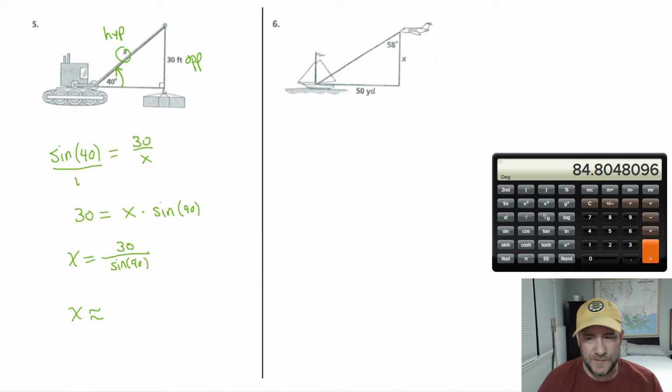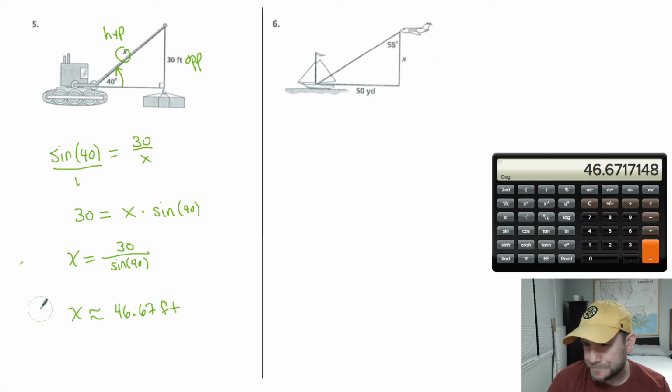Which means that x is approximately, what are we doing? 30 divided by 40 sine. So we take the sine of 40, 30 is already in there, do the division, 46.67. And those are feet, just like everything else so far.